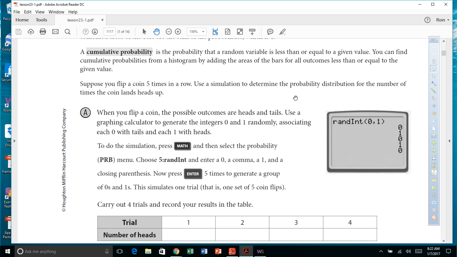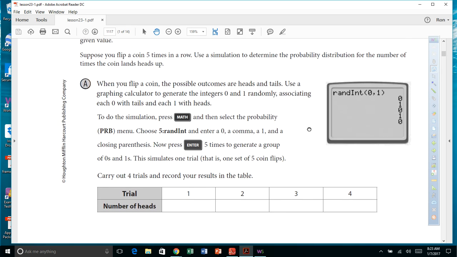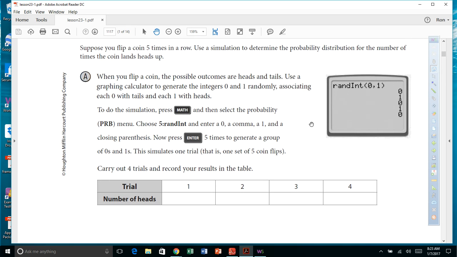Suppose you flip a coin 5 times in a row. Use a simulation to determine the probability distribution for the number of times the coin lands heads up. All right. When you flip a coin, the possible outcomes are heads or tails. Use a graphing calculator to generate the integers 0 and 1 randomly, associating each 0 with tails and each 1 with heads.